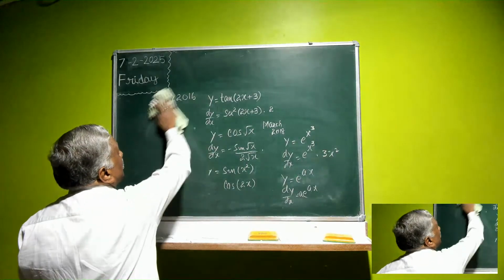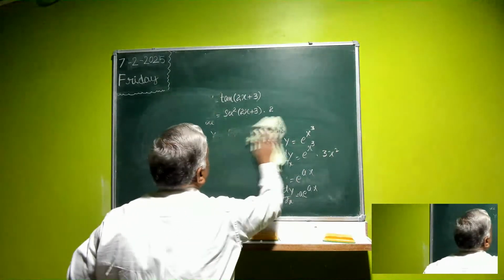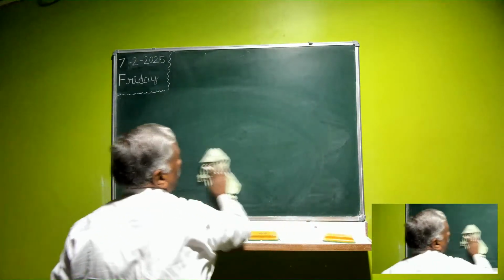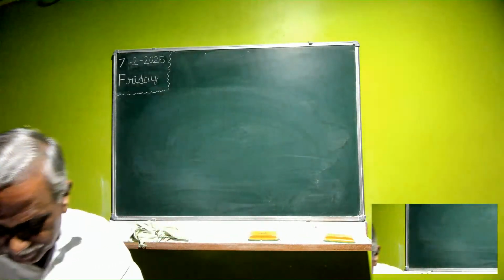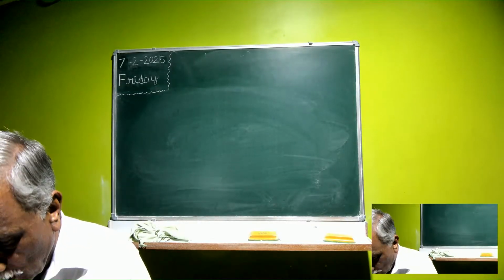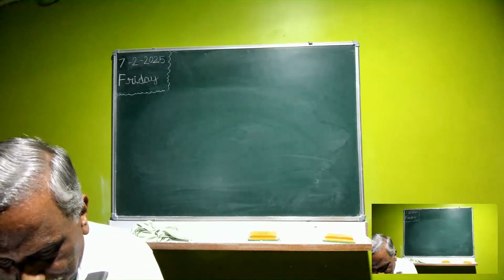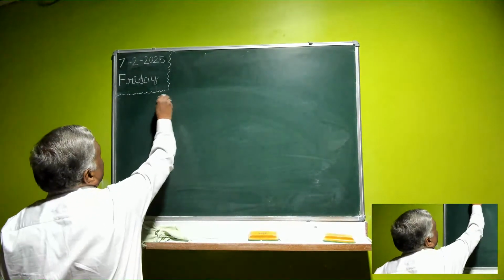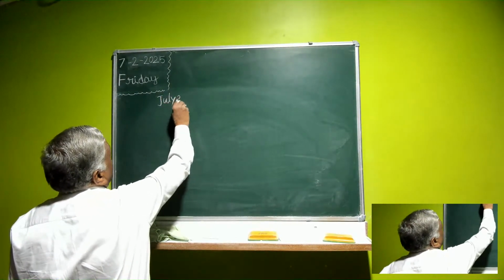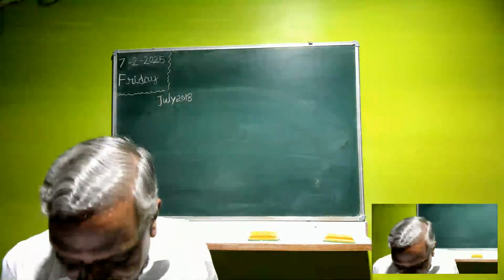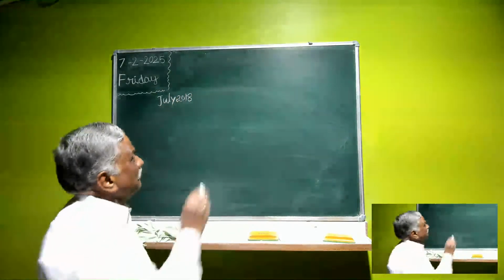Let's move on to July 2018. March we have completed. July 2018. Y is equal to sin of ax plus b.